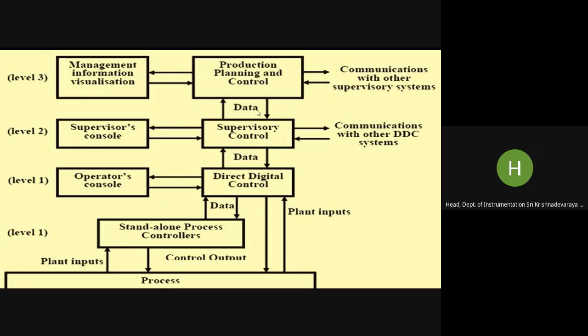If you go on stretching this slide, if you link all the communications with other supervisory systems, and link all the supervisory control with other DDCs, this will be a huge network. But for now, for the sake of understanding computer applications in a typical iron and steel industry, this is sufficient, right? Only the thing is, you will indicate the process here.